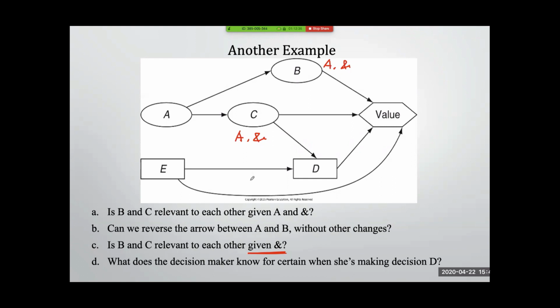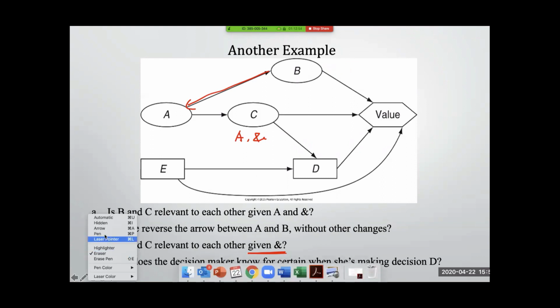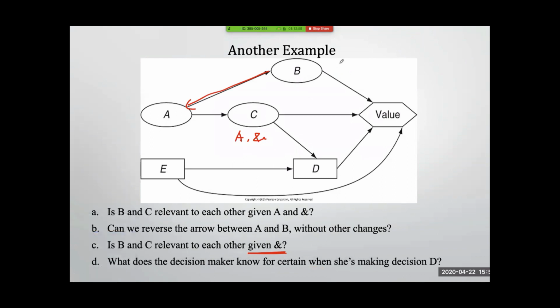The way to do that is first, let's reverse the arrow between A and B. We know we can do that from our answer to question B. So let's do that, and then we need to update this. Now B is only conditioned on background knowledge.